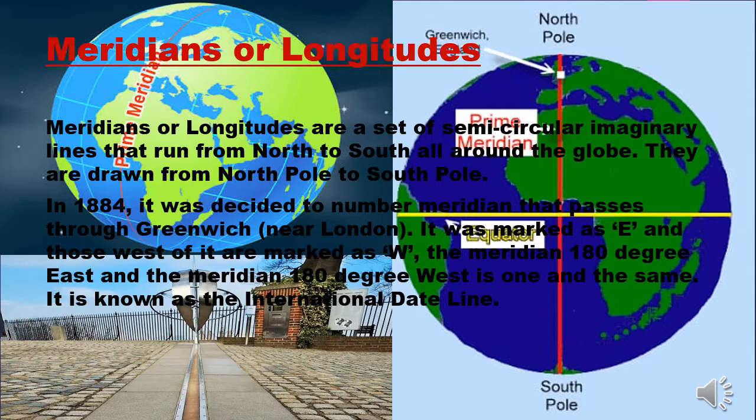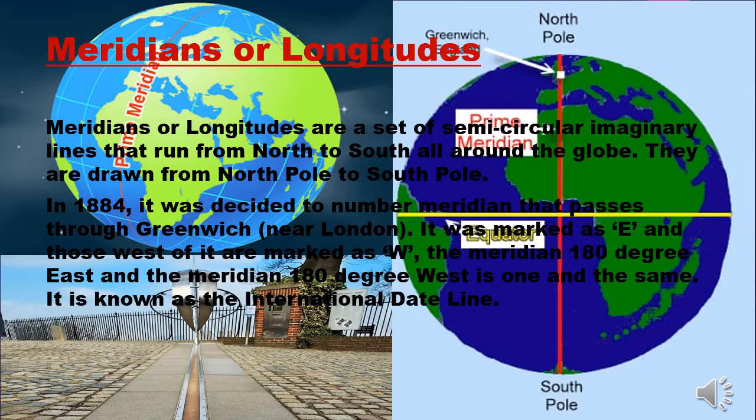In the year 1884, it was decided to number meridians starting with the meridian line which passes through Greenwich near London, called the prime meridian. It was marked as 0 degree meridian or prime meridian.